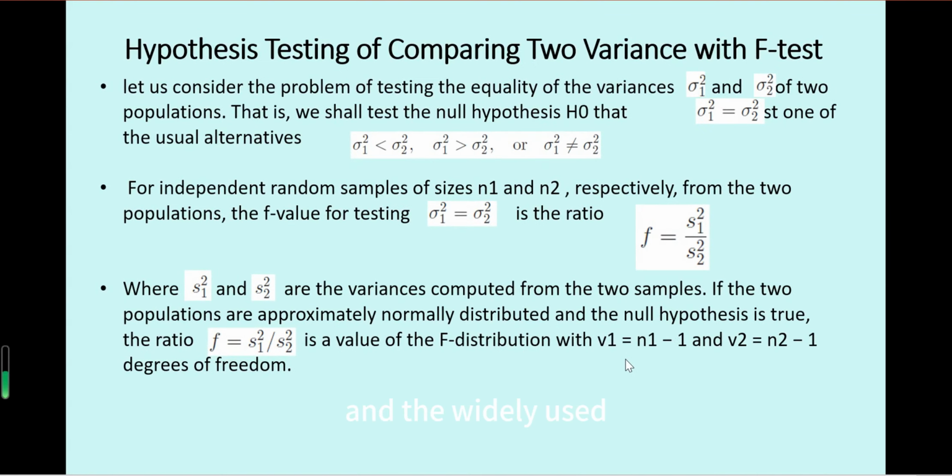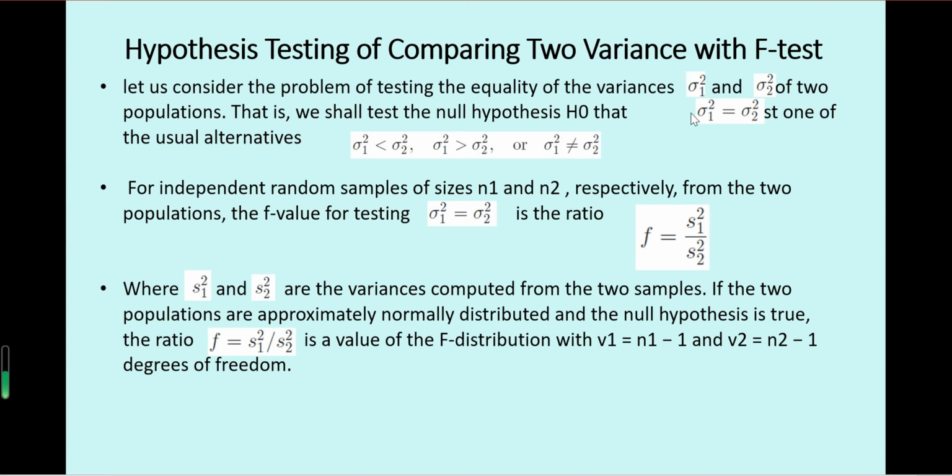The widely used application of the F-distribution is the F-test. And the typical example for the F-test is hypothesis testing comparing two variances. Consider the problem of testing the equality of two variances, sigma 1 square and sigma 2 square, of two populations.